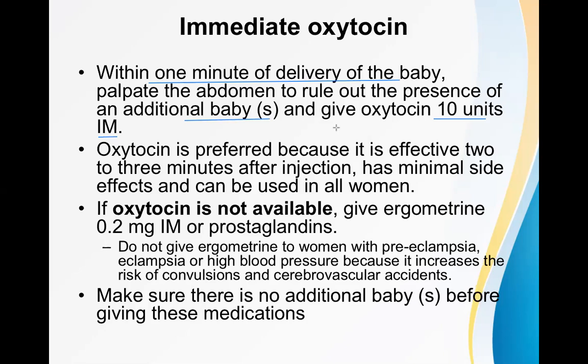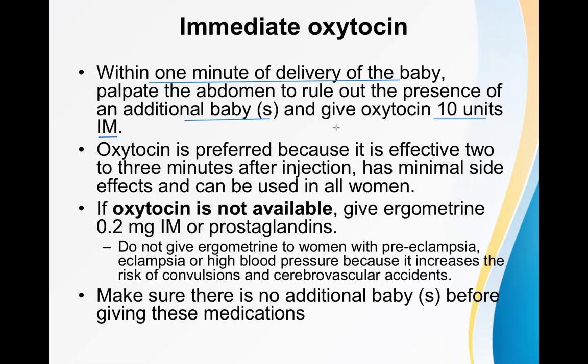Now don't give oxytocin if there is another baby and the baby has not been delivered. If we do that, the baby would get stuck inside. So this is a very, very important point. So make sure there is no other baby. Sometimes it can happen, sometimes by mistake. Now how can the mistake happen?